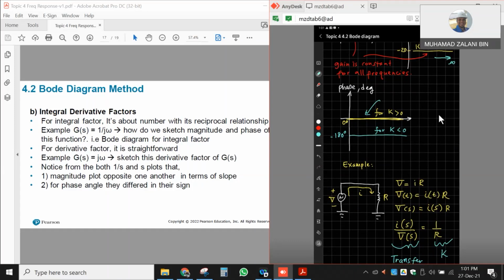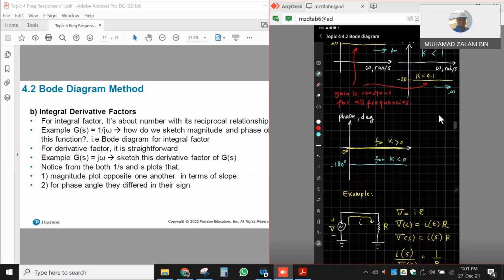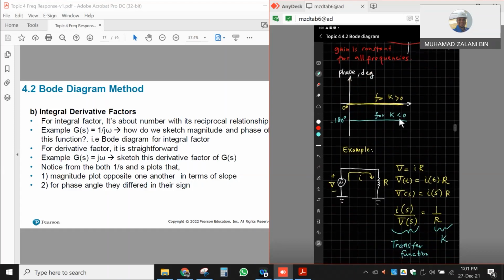I didn't do the calculation for the negative case, but basically if k is negative, we should expect a constant phase angle at negative 180 degree, from 0 to infinity. It should look like this for the constant factor.